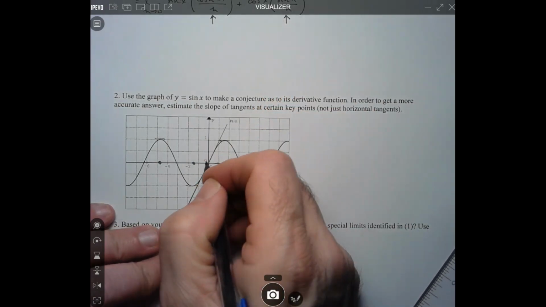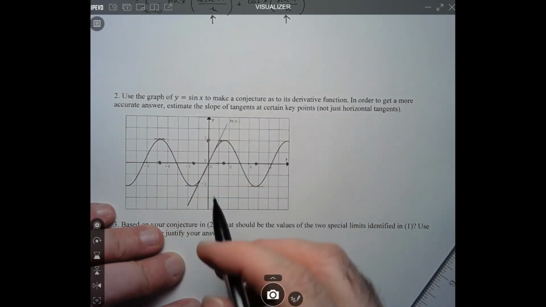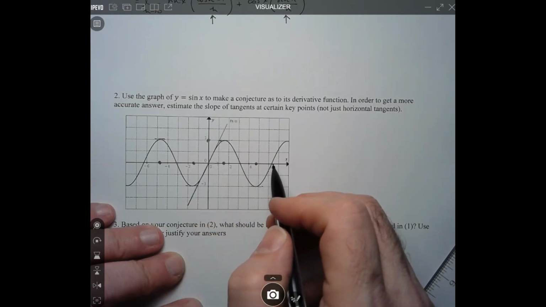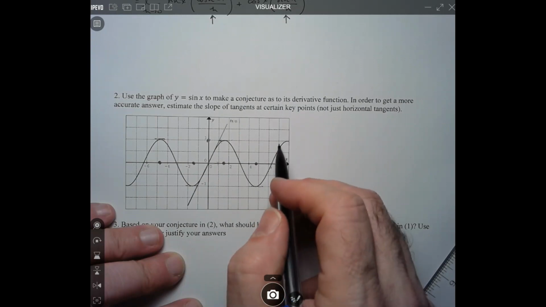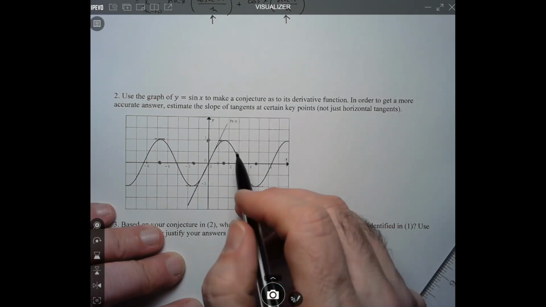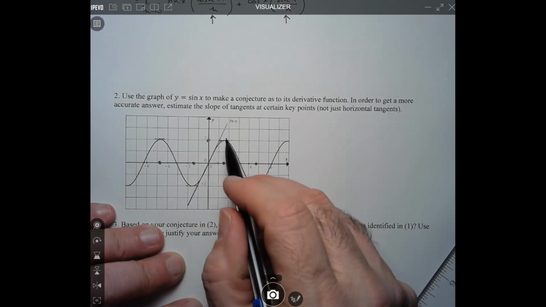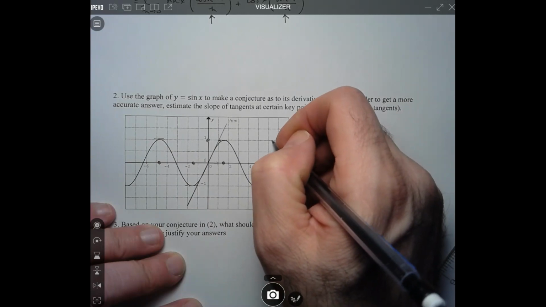So that means at 0, the derivative has a value of 1. Now remember that this graph repeats itself. So when I go to this point here, I should also expect it to have a tangent slope of 1, okay? Because it repeats exactly this same shape. So there you go. It would also be 1 here.